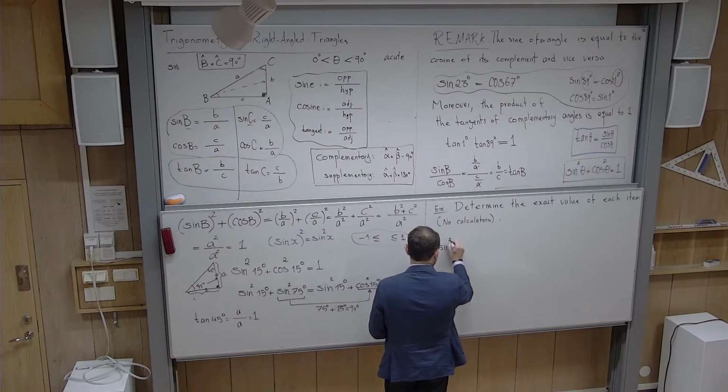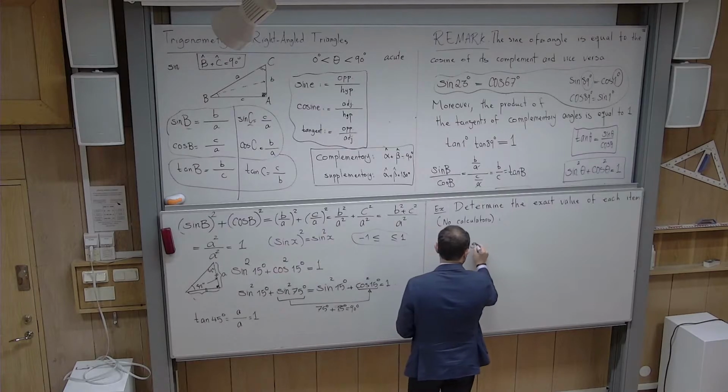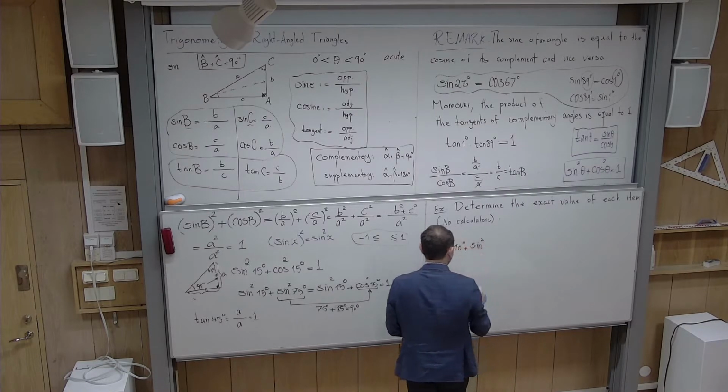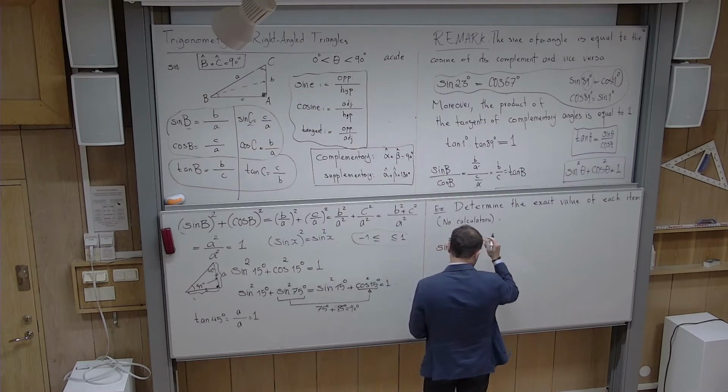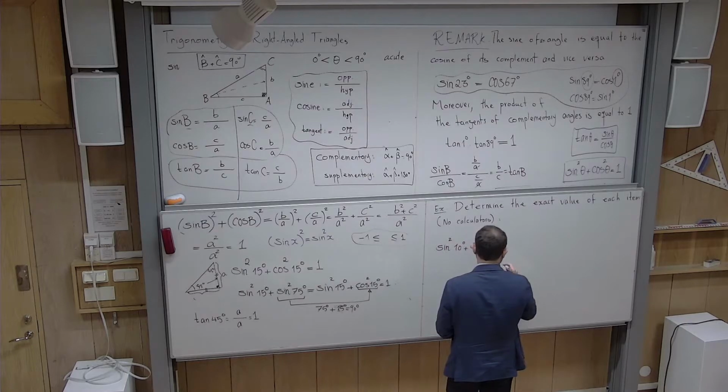So, sine squared of 10 degrees plus sine squared of 20 degrees plus sine squared 30 degrees.